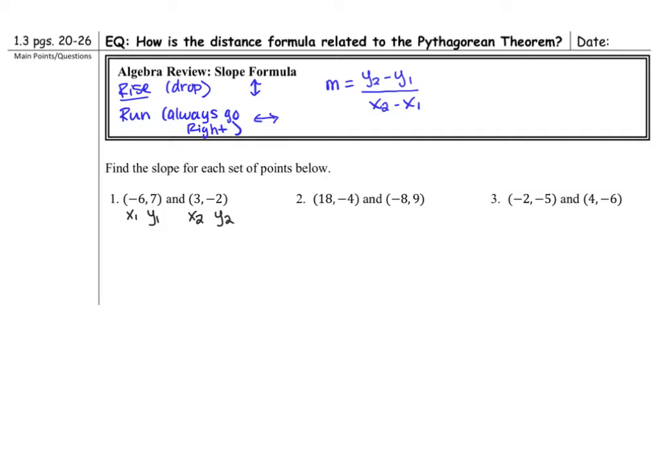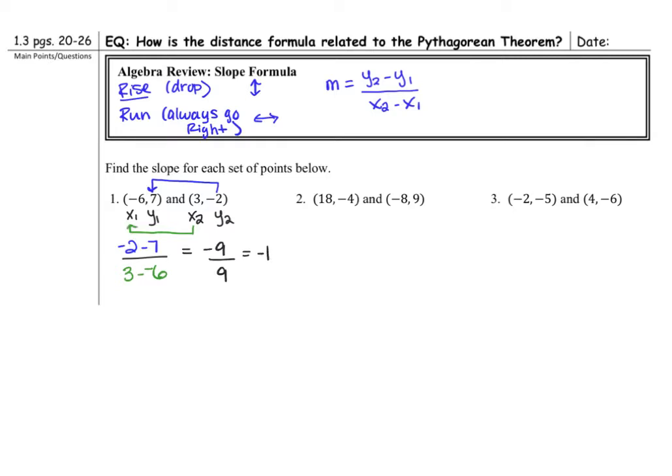So that means I would be doing negative 2 minus 7. And then at the bottom, I would do x sub 2 minus x sub 1. So that would mean you would do 3 minus negative 6. And then you would just simplify that. So negative 2 minus 7 is negative 9. 3 minus negative 6 is 9, giving us a slope of negative 1.